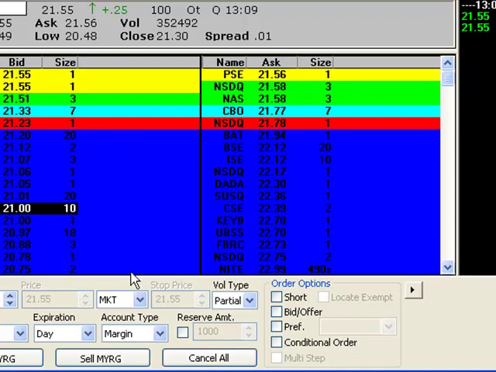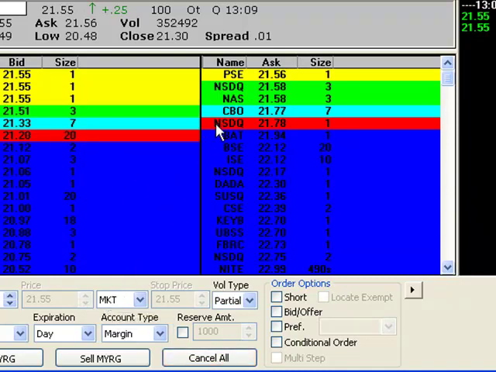And good thing I went back to this because I forgot I had the order in there. I want to cancel that. But again, if I went to a market order, I would get filled on 100 shares at 56 cents, 300 shares at 58 cents, and then the balance, or 600 shares at 21.77. So my average price might be actually about $21.74.